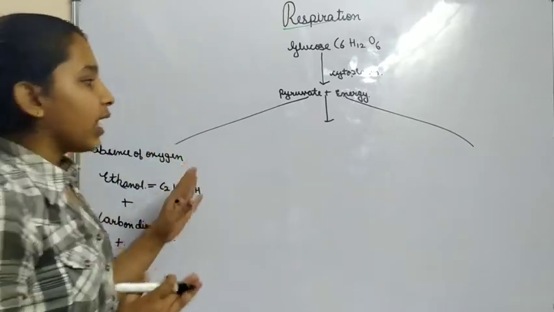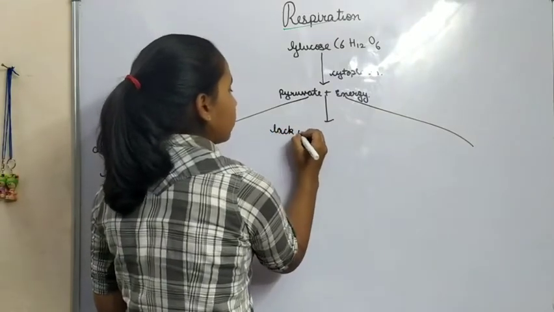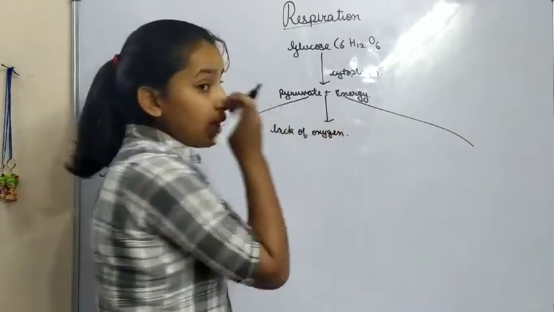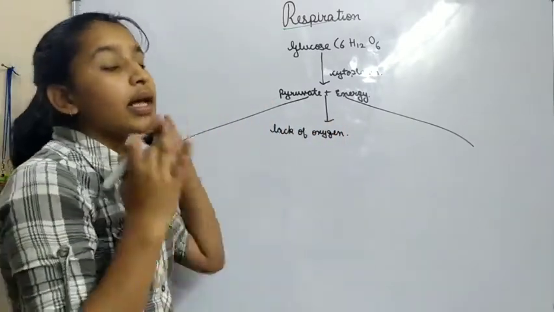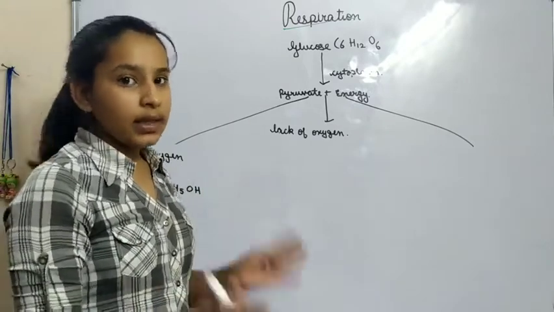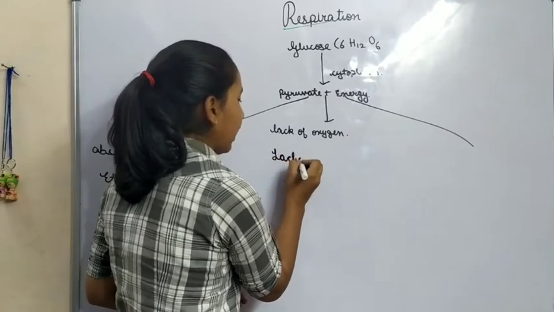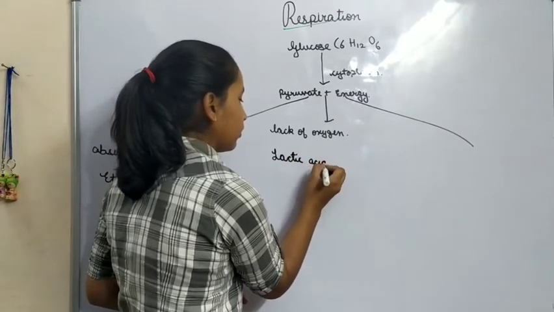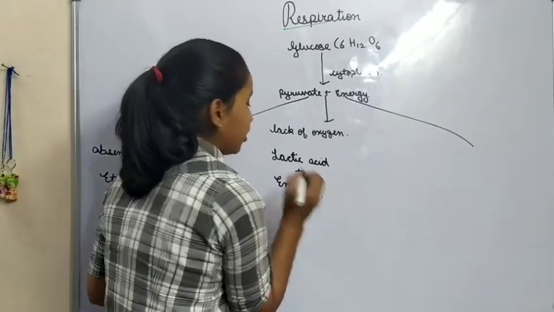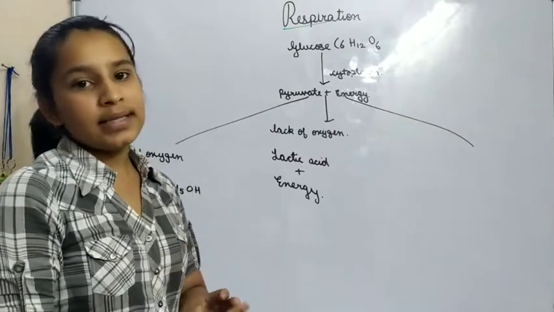Now we will see the next, in which there is a lack of oxygen. When there is a lack of oxygen, it will break down into lactic acid plus energy. For example, in the lack of oxygen, we can take muscle cells.